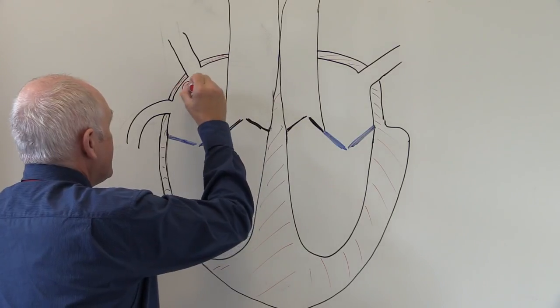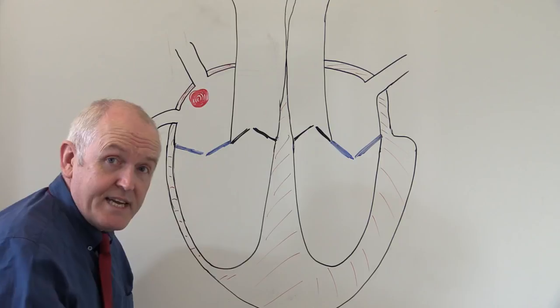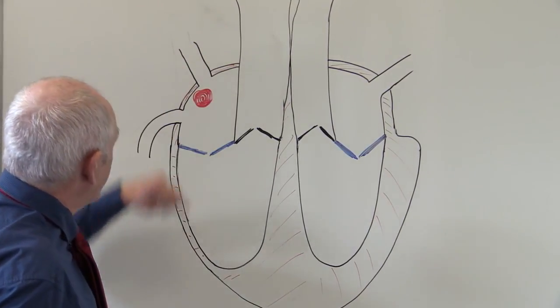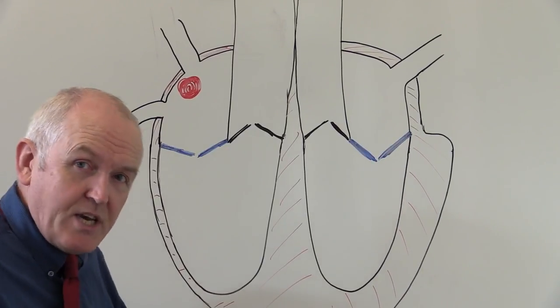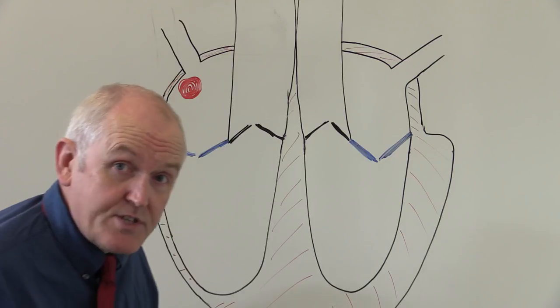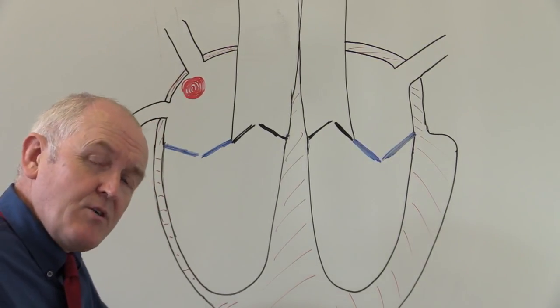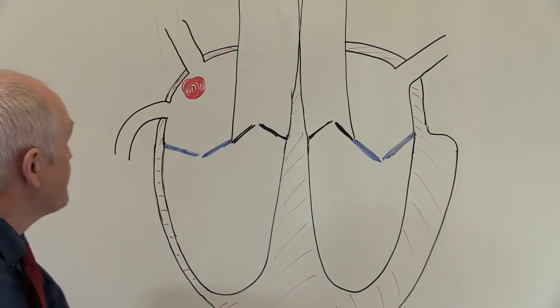Well, just in the right atrium, somewhat near the entrance of the superior vena cava, there's an area of specialised myocardial tissue. This is not nervous tissue, it is myocardial tissue, but it's specialised to be electrically active.